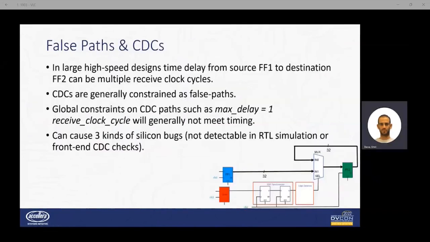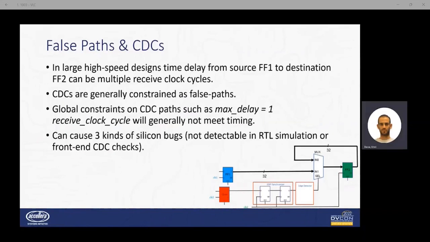One of the major issues with this bus synchronization method is that at very high speed and large designs, it might be an issue to send the data from flip-flop number 1 to flip-flop number 2, and from the qualifier to the synchronizer, since at large designs, those data can travel for several clock cycles.